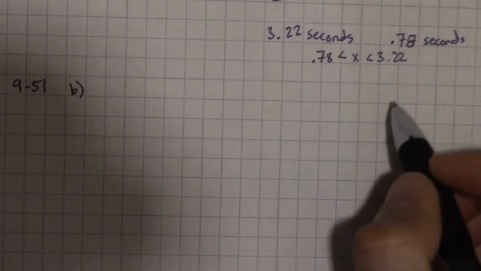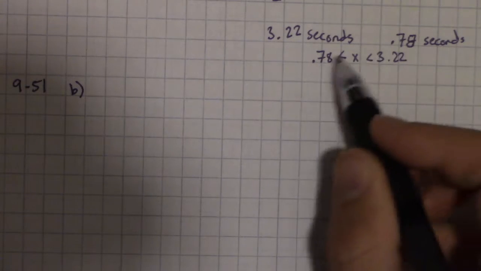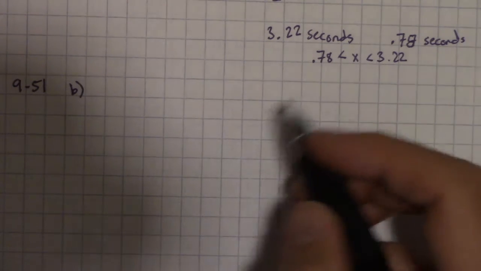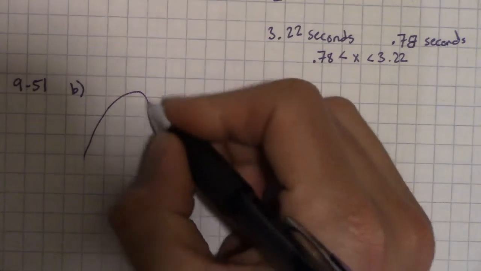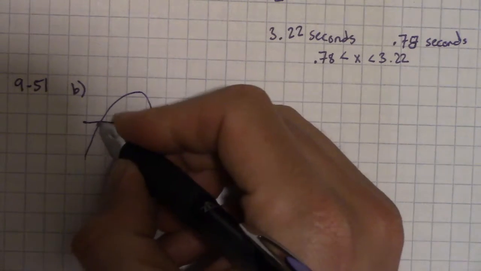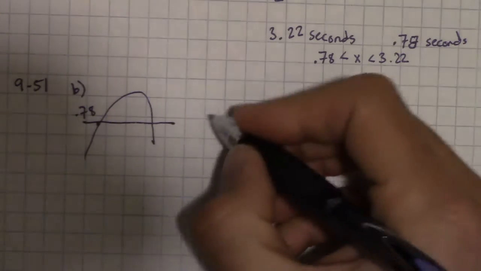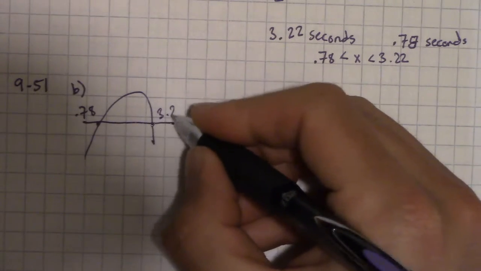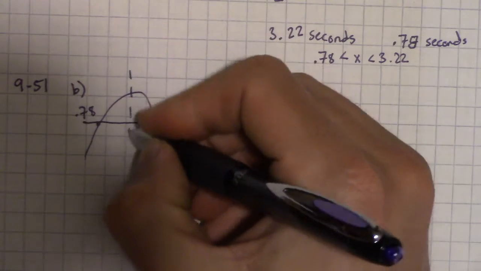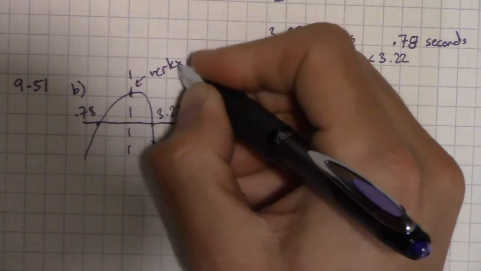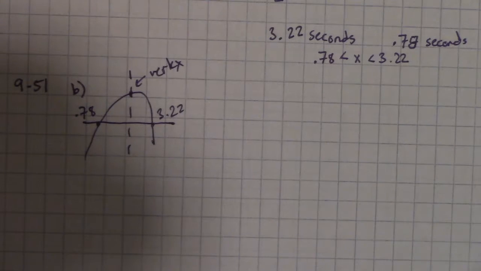So if you use these values right here, which aren't x-intercepts, but we know they have to be symmetrical about our vertex. Because if I think about my parabola and crossing them, if I have 0.78 and I have 3.22, it must be that my vertex is halfway between those 2 points.